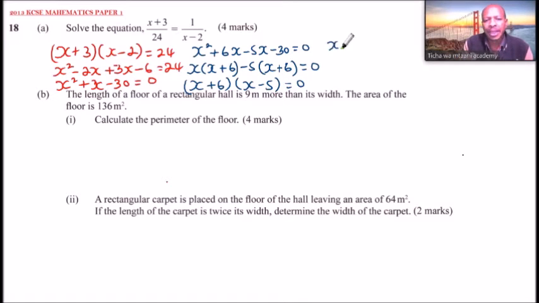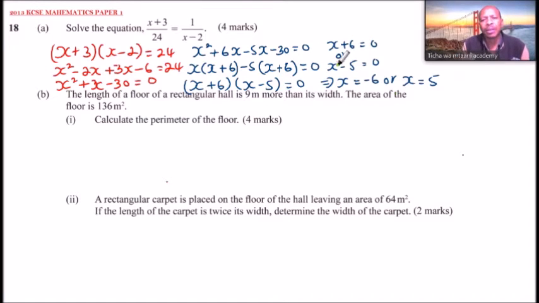So we say x plus 6 is equal to 0, or x minus 5 is equal to 0, implying when you take 6 to the other side, x is equal to minus 6, or we take minus 5 to the other side, it becomes positive, x is equal to 5.